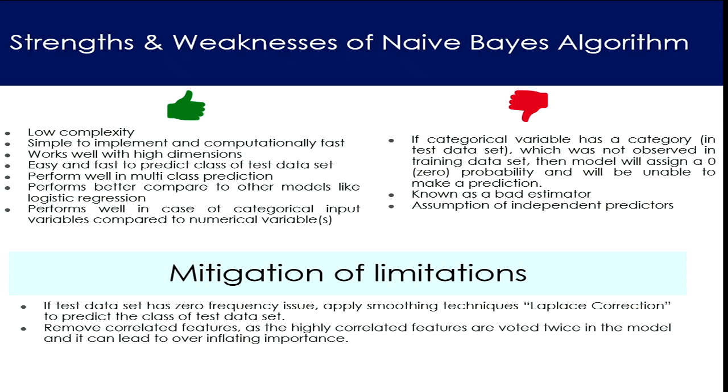Now for the independence assumption, that's rather hard to mitigate. What you can mitigate is more of the zero frequency problem, and also reduce some correlated features so that you increase the independence of your data set. So that will be the algorithm itself.